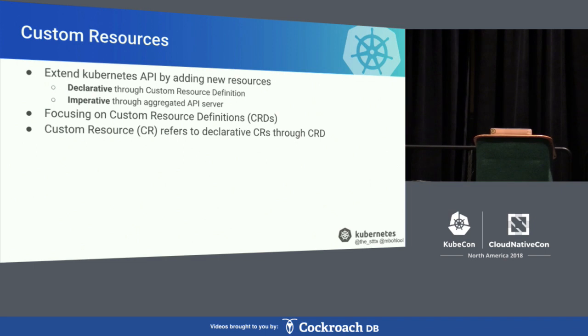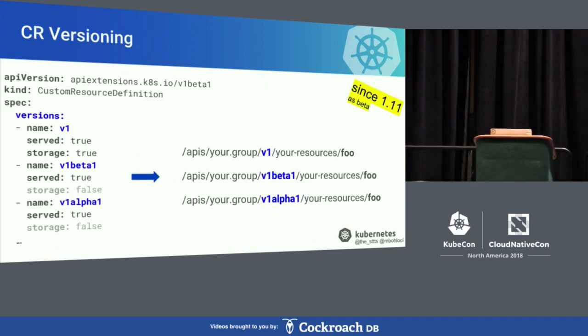Here we are focusing on CRDs. From now on, when we are talking about CRs, we are talking about resources defined using CRDs. Sometimes these terms go wrong, and we call it CRD versioning and CRD conversion, but it's actually CR versioning and CR conversion through CRD.